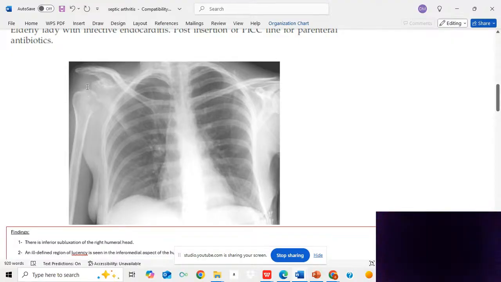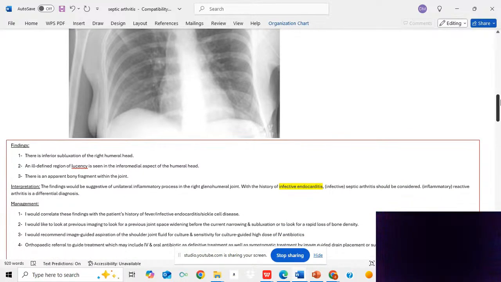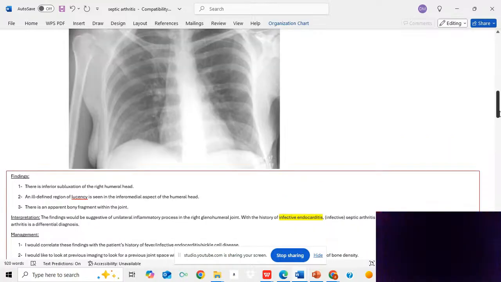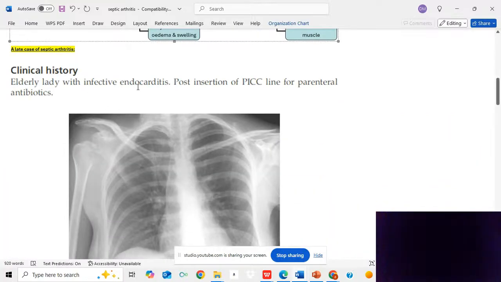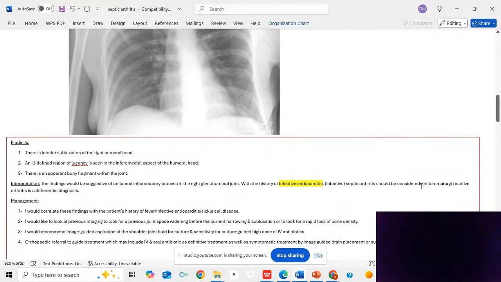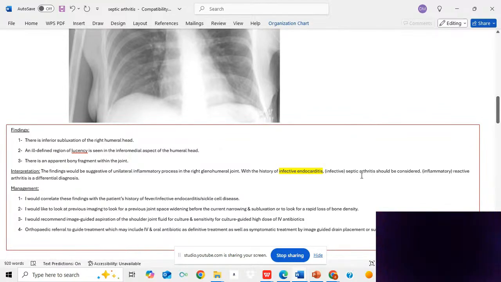Along with the history of infective endocarditis in this patient, the most likely diagnosis is septic arthritis. Septic arthritis should be considered.